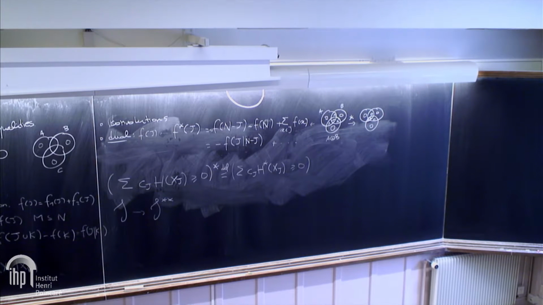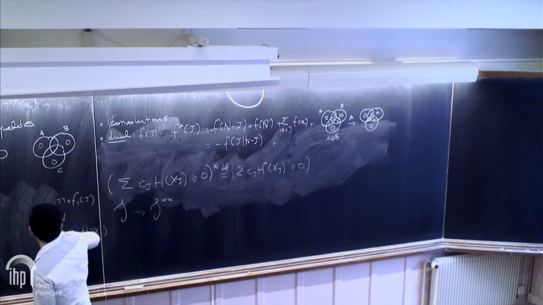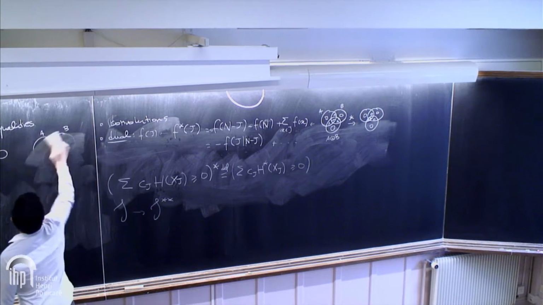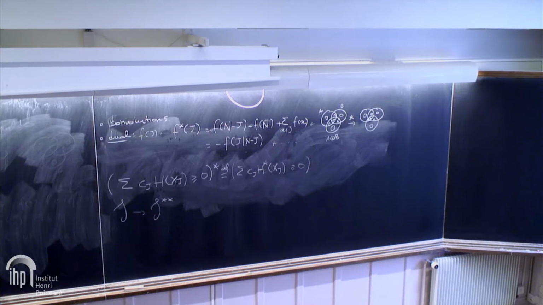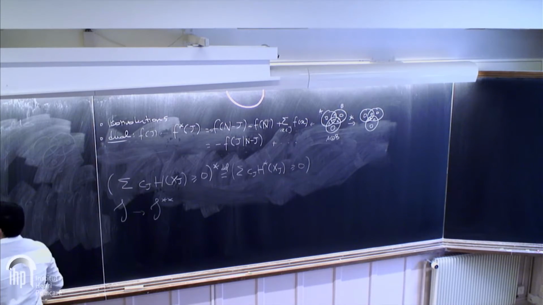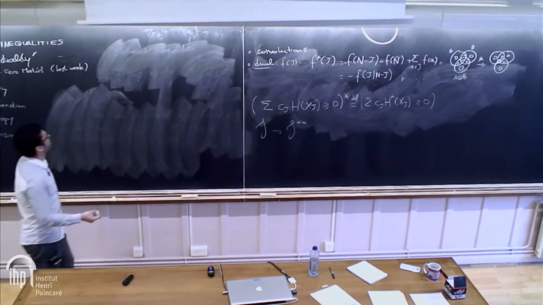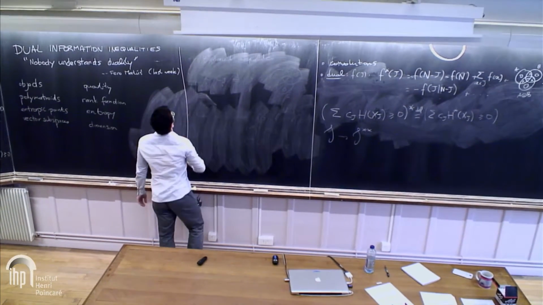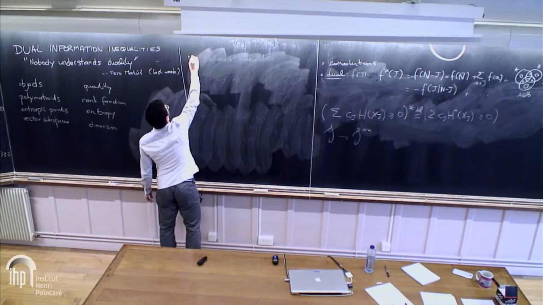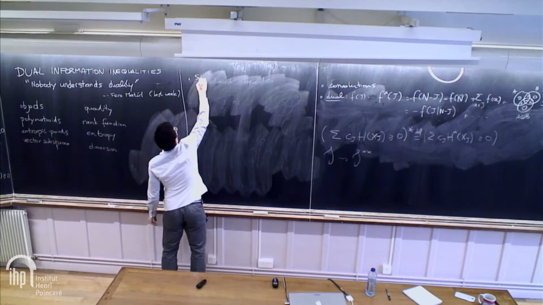Okay, now I want to show you what duality does for polymatroids, but I will write it in the language of entropy. So what happens for Shannon-type inequalities.